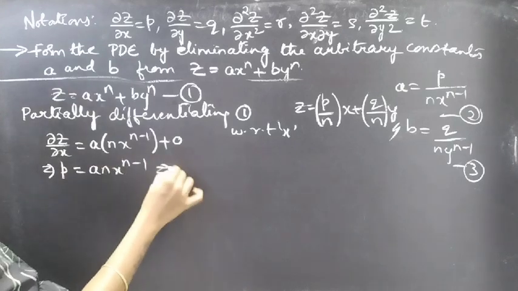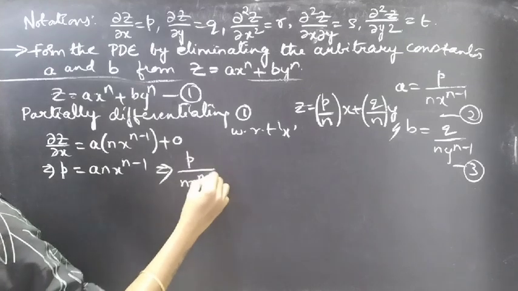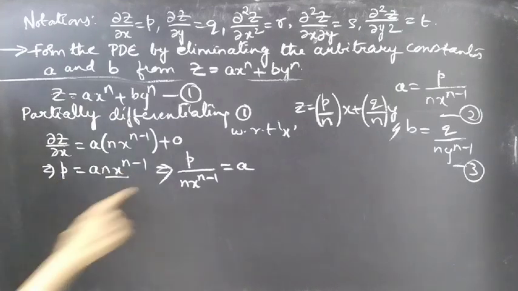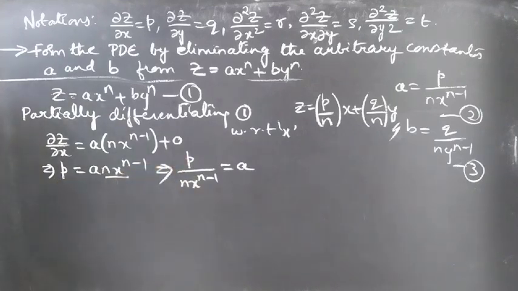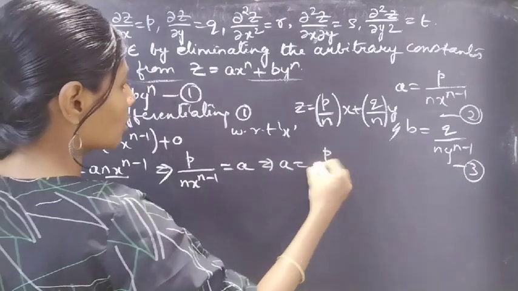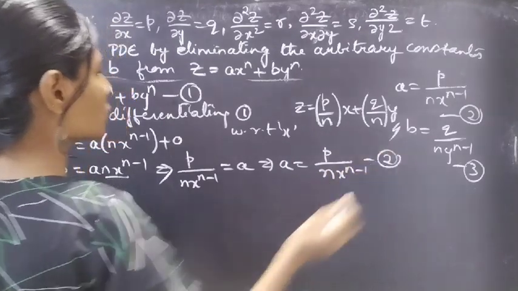From this we'll get p by n into x power n minus 1 equal to a. We'll just bring this n into x power n minus 1 to LHS, so that we'll get p by n into x power n minus 1 equal to a, or we can write this as a equal to p by n into x power n minus 1. We'll consider it as equation 2.